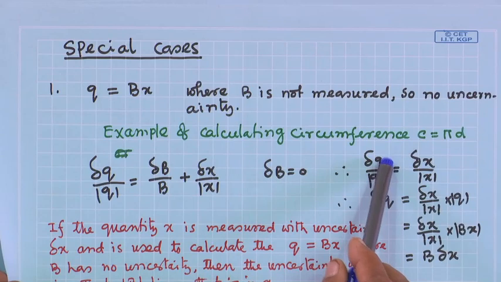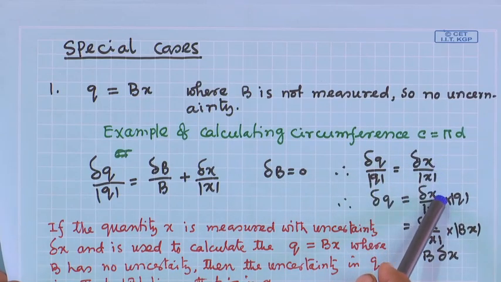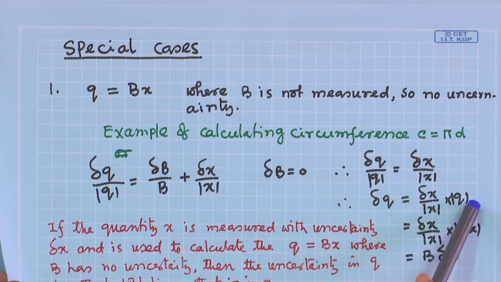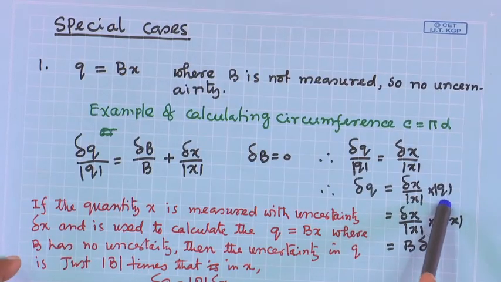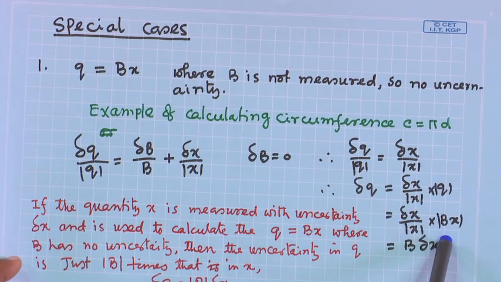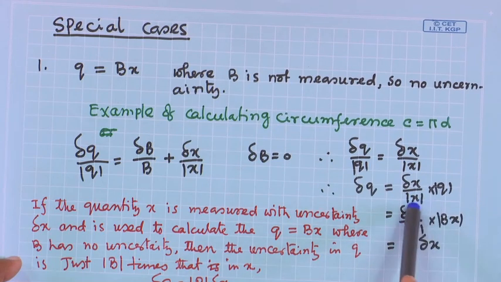So, then del q by q equal to del x by x. So, del q is del x by x times q, in magnitude. If you put this value of q, that is b x, x will cancel and you get delta q equal to b delta x.